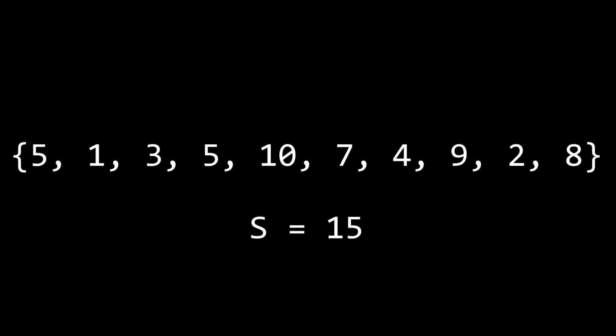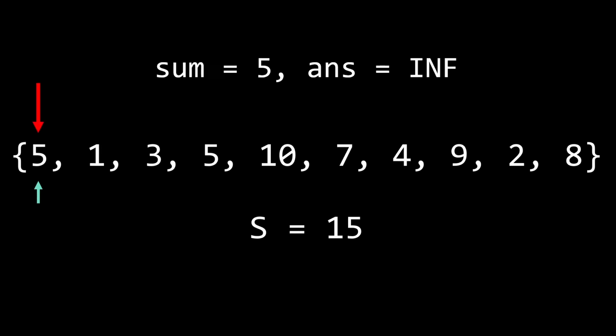We're going to start our index at 0. This red pointer is I, and this blue pointer is j. We're going to start at I and work our way through from left to right, looking from I to the end of the array.